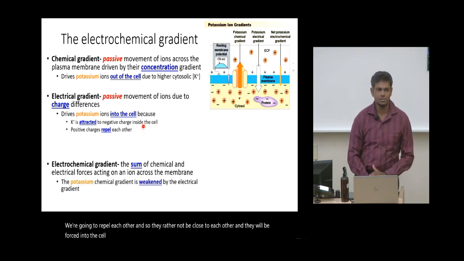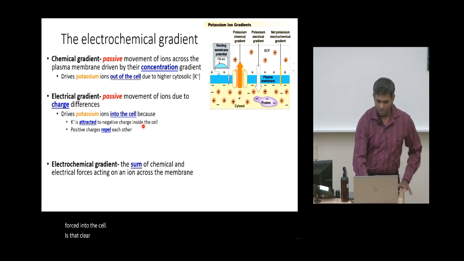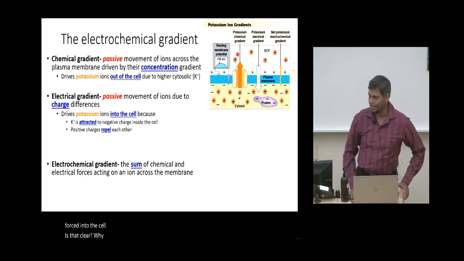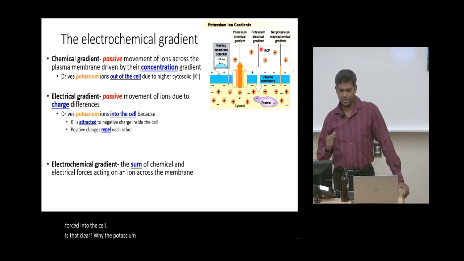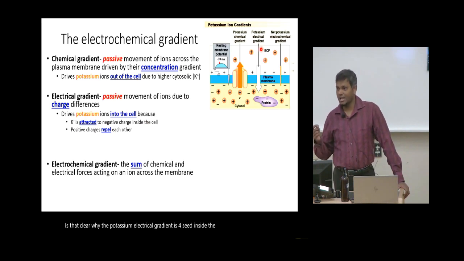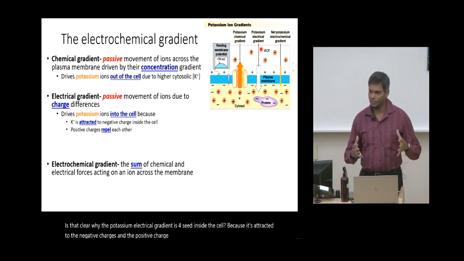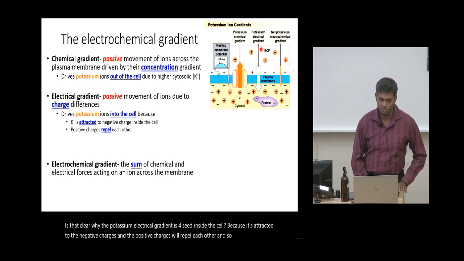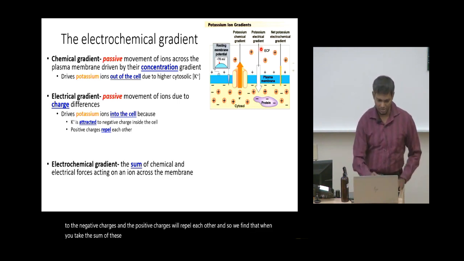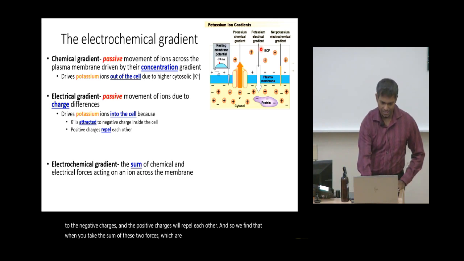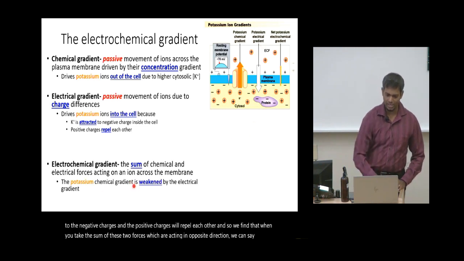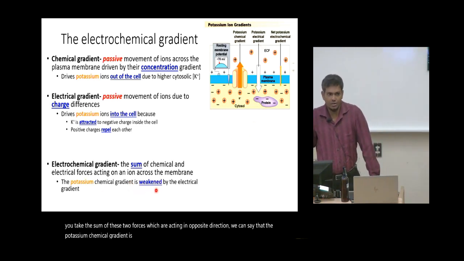Is that clear why the potassium electrical gradient is forcing it inside the cell? Because it's attracted to the negative charges, and the positive charges will repel each other. And so when you take the sum of these 2 forces which are acting in opposite directions, we can say that the potassium chemical gradient is weakened by the electrical gradient.